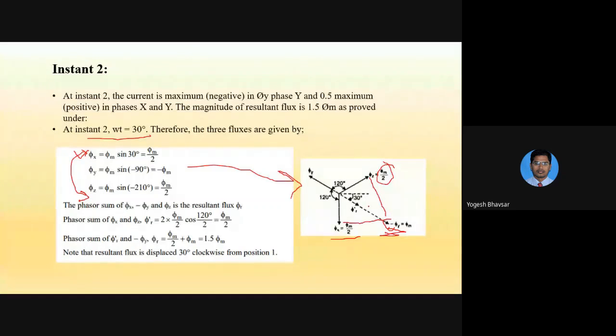Now it is shifted by 30 degree from the previous position. So when you calculate this, the resultant will be minus 1.5 times phi. So look at it. The resultant flux is displaced 30 degree clockwise from position 1. Got it? So at instant 2, the resultant magnetic field is shifted by 30 degree.